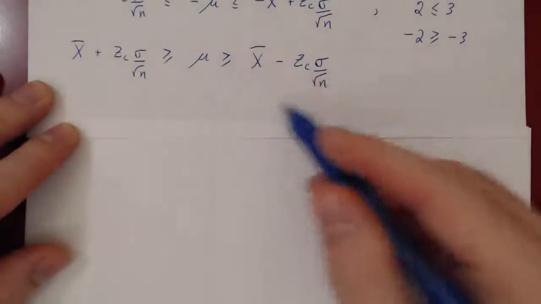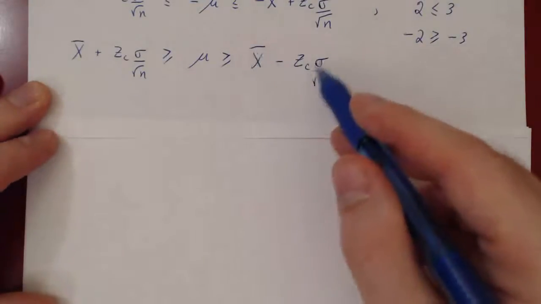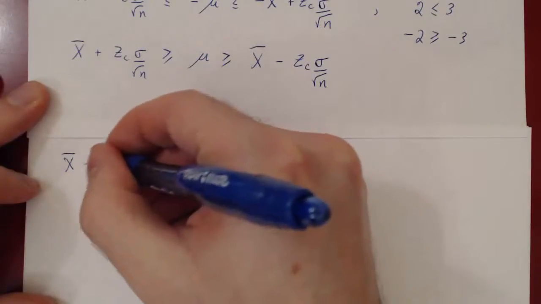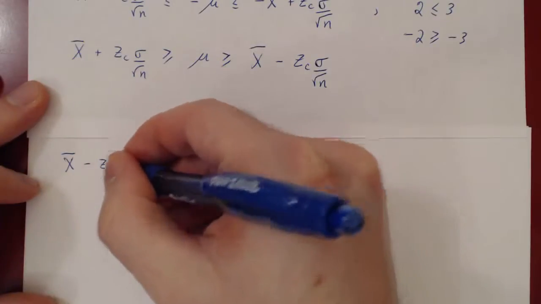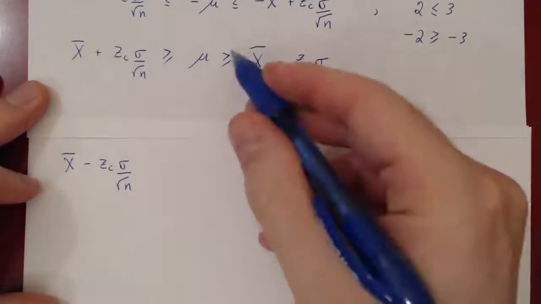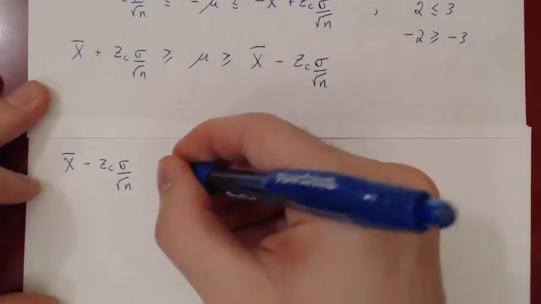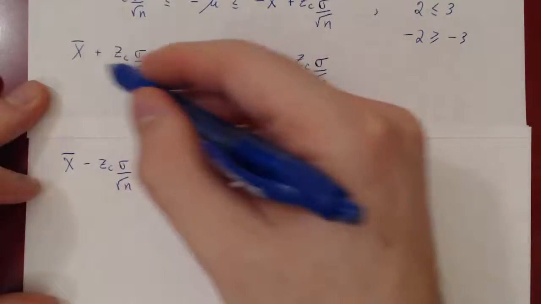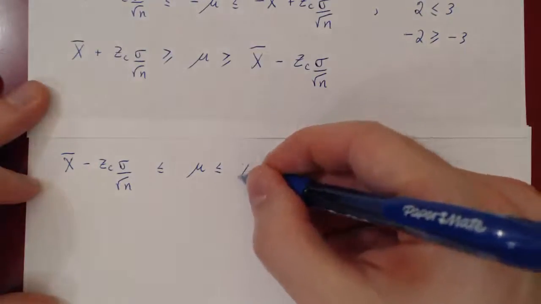So we'll write this term first, which is x bar minus ZC sigma over root of n is at most the true population mean weight of the apples, which is at most x bar plus the exact same quantity.